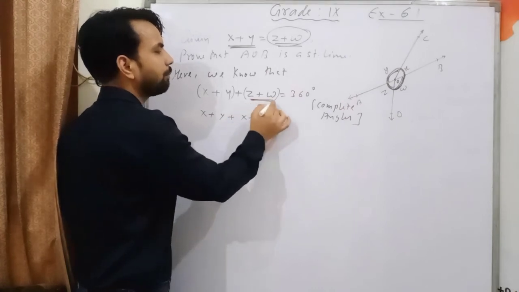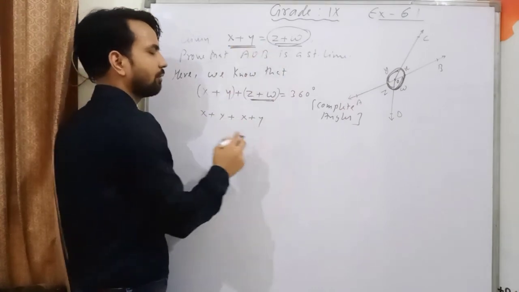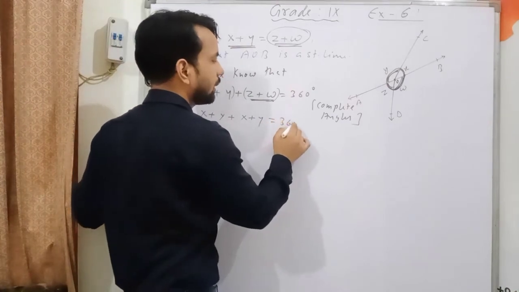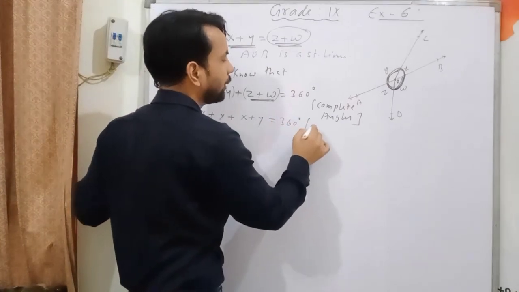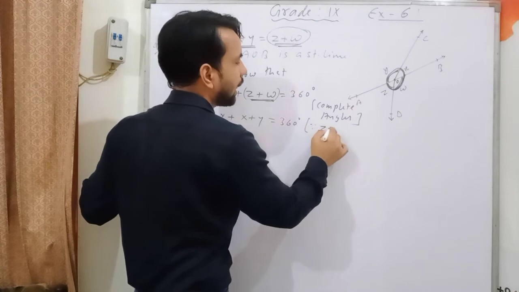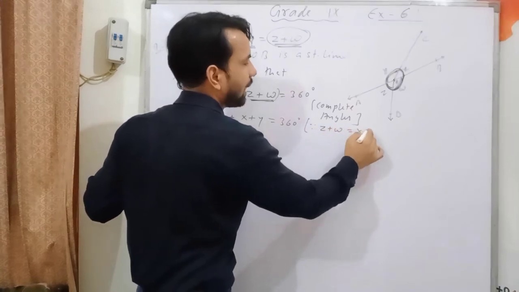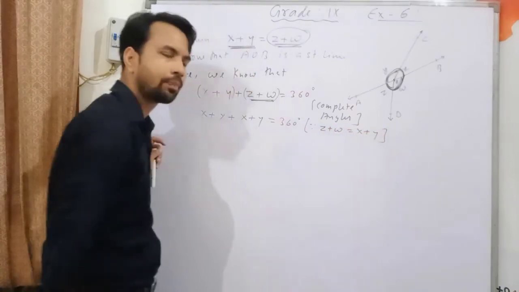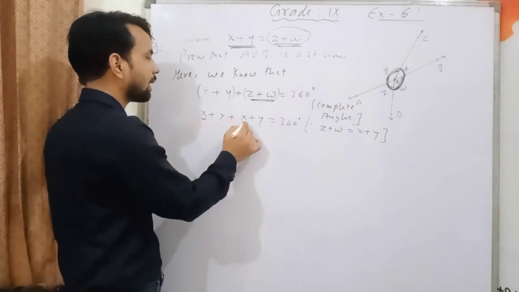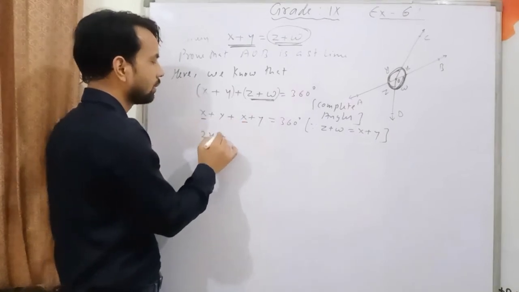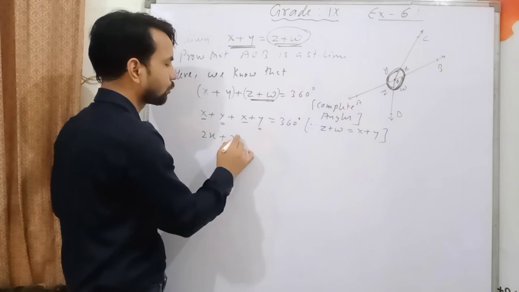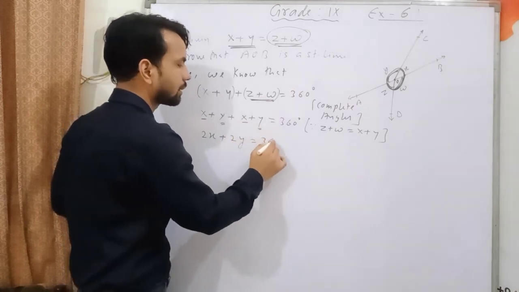In place of z plus w, we can write x plus y equals to 360 degree. Reason you will have to write here, since z plus w equal to x plus y. This is given. Now see, x plus x, that is 2x, plus y, 2y equal to 360 degree.